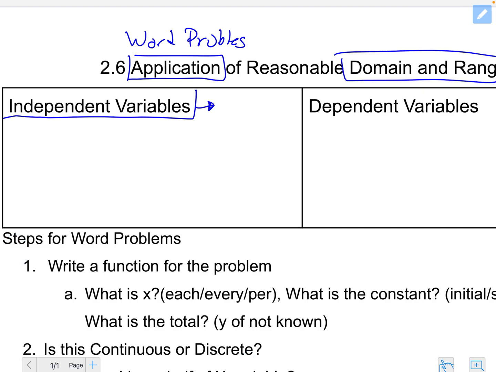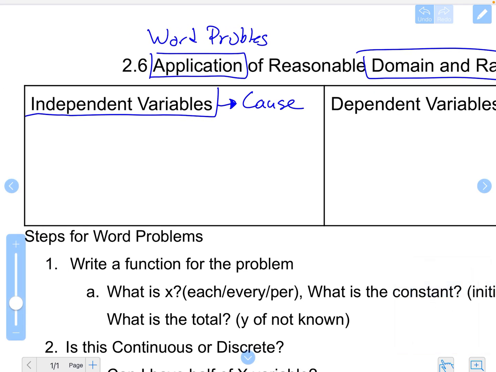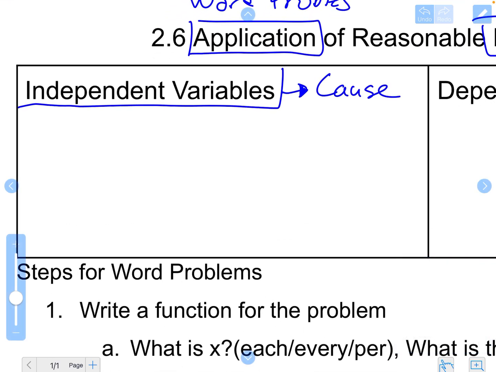A key word that I want you to think of as we go through independent variables is it is the cause. So when we think about independent and dependent, we're looking at cause and effect. The other thing I want you to understand about independent variables is there's about 3 or 4 different ways that we can represent them. One is they are our x value.